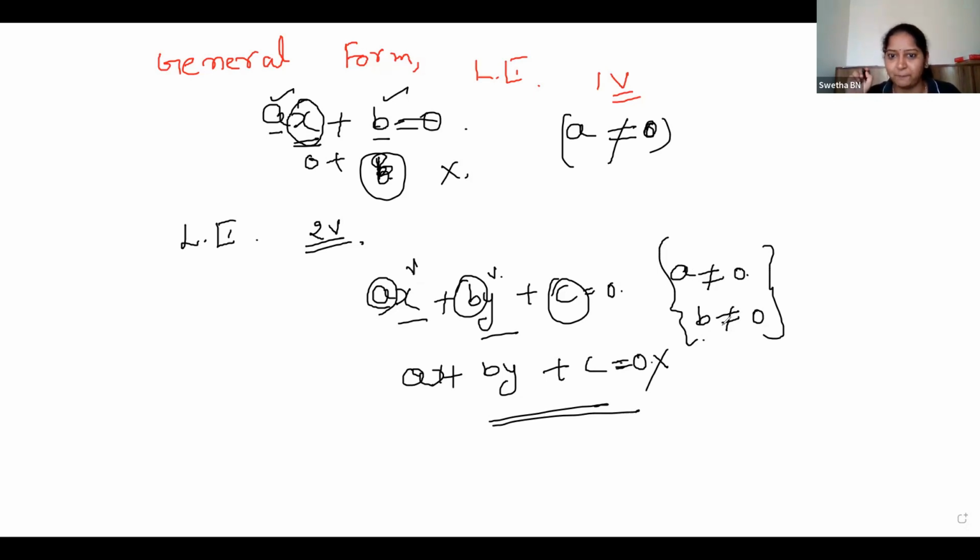Understood? Got my point, children? Yes, ma'am. Both should not be equal to 0. If one of the terms becomes 0, it will not become a linear equation in two variables, right? So we should mention a and b both should not be equal to 0.